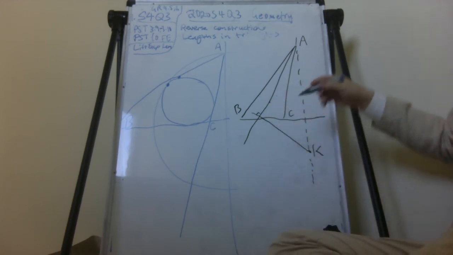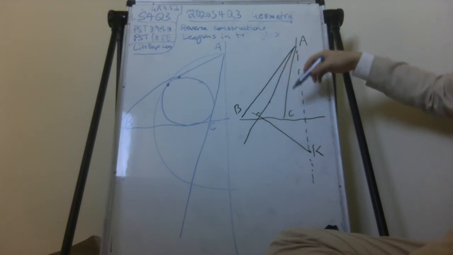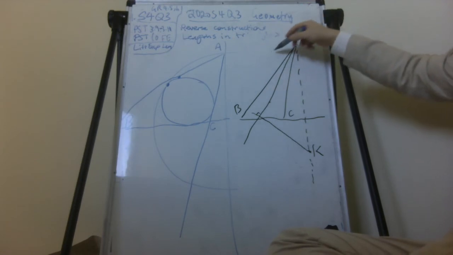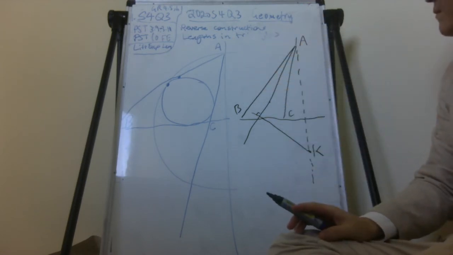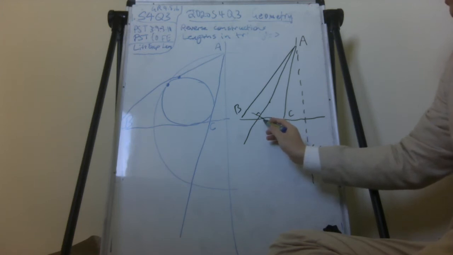This is where you start with the triangle, there's a circle here, and then you draw another circle. Okay, so this is the midpoint.